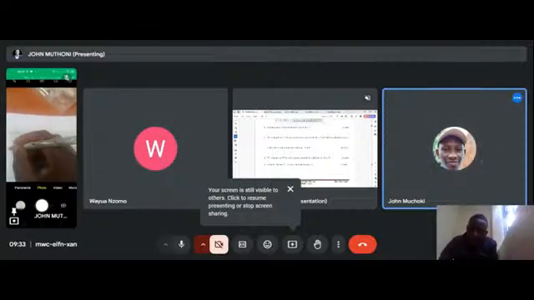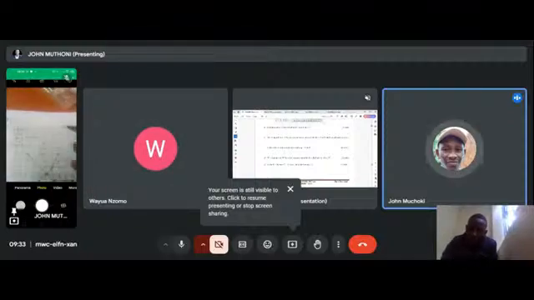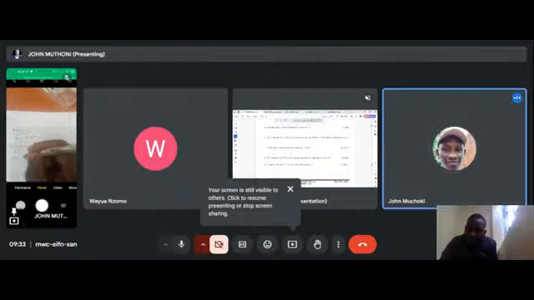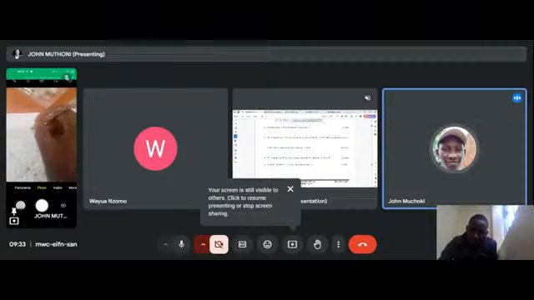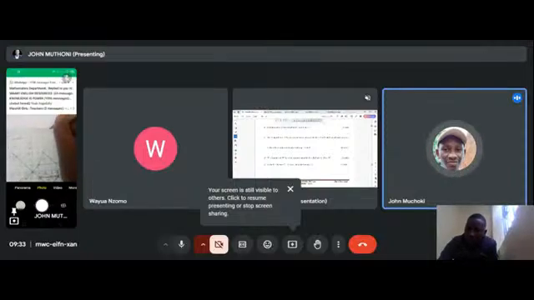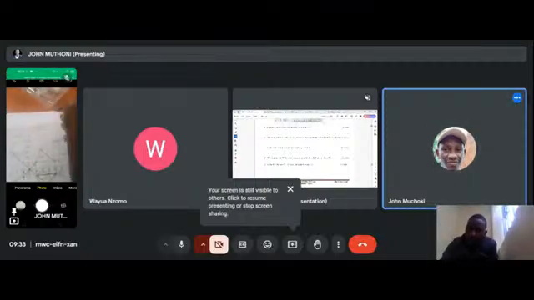Enlargement, you also need to describe the center of enlargement and the scale factor. So those are 3 points. Translation, you simply need to state the translation vector.